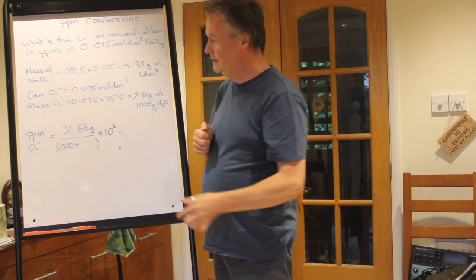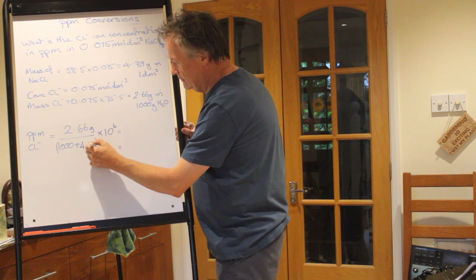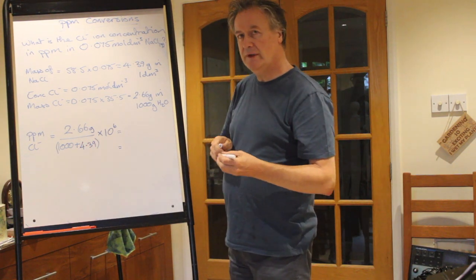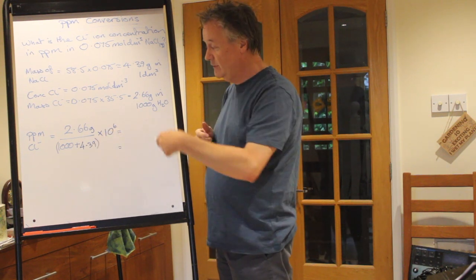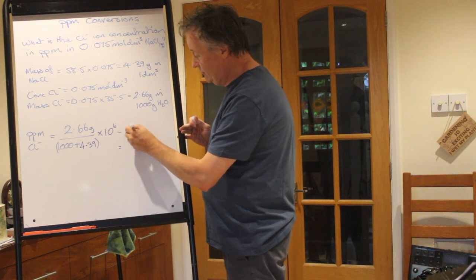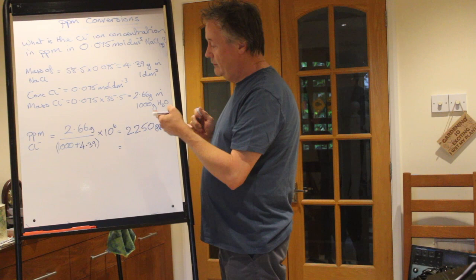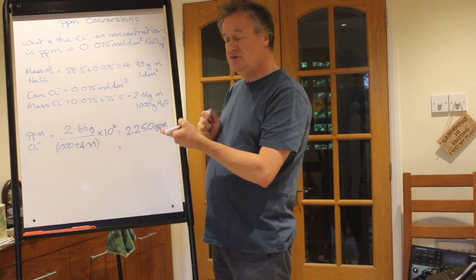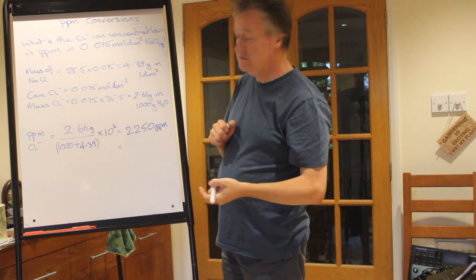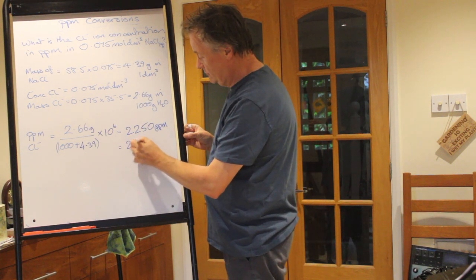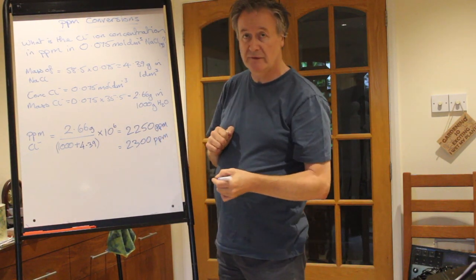So really the mass is 1004.39, and then 2.66 divided by 1004.39 times a million, and it comes out as 2250 parts per million. That is not the right level of accuracy for the question because there's only two significant figures in the concentration, so that is 2300 parts per million, because you round it up because of the 5.